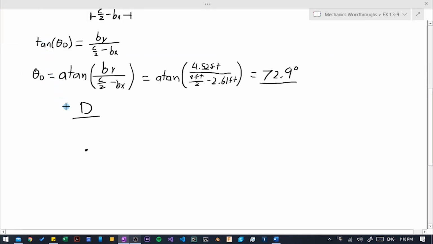We have our applied forces acting on D, as well as 3 member forces, which again we will show as pointing away from point D.